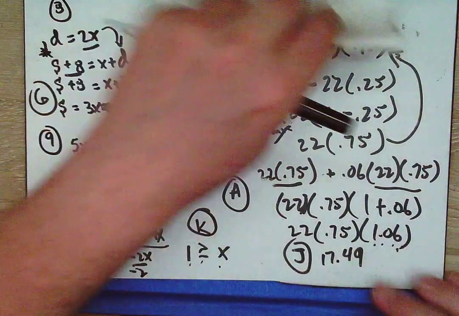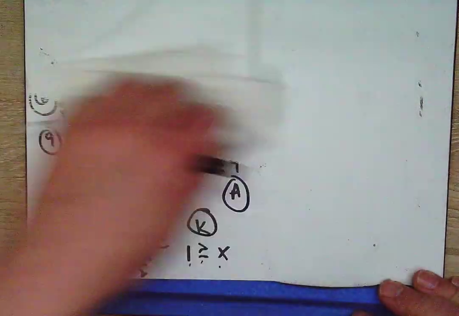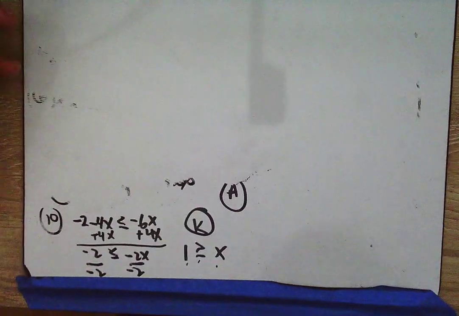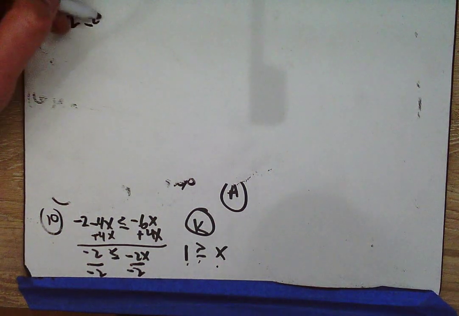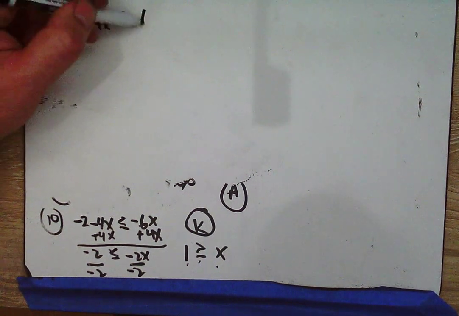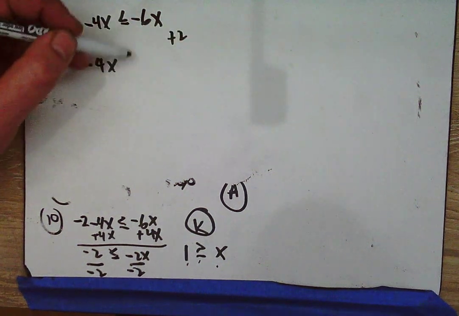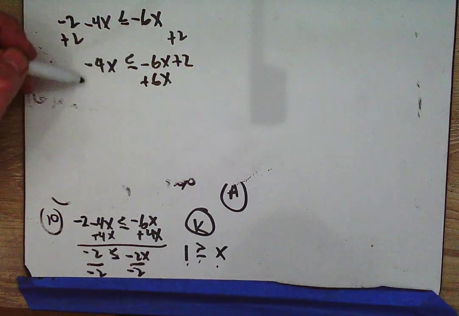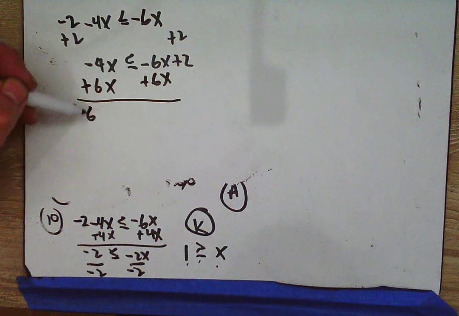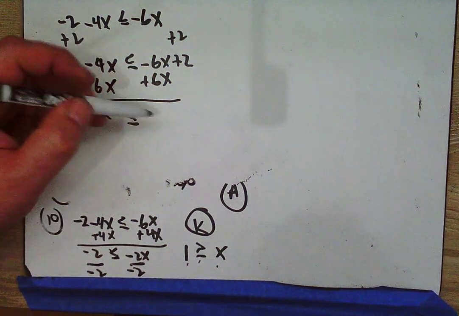We could always do this problem a different way to see. For example, if we started off with negative 2 minus 4x less than or equal to negative 6x and added 2 to both sides, negative 4x less than or equal to negative 6x plus 2, and then added 6x to both sides, we'd have positive 2x less than or equal to 2.